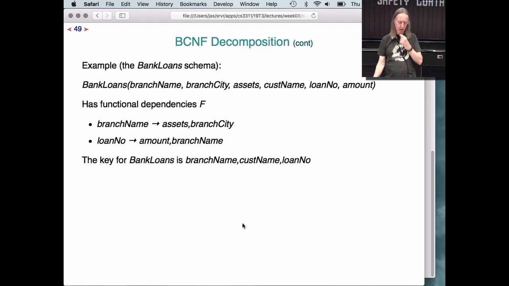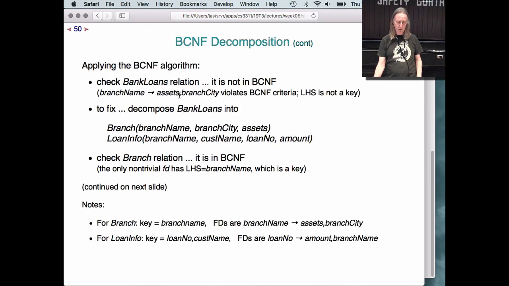As soon as we've got that, we've got a key and a big table that contains all of these attributes, and straight away we can see that it's not in BCNF, because either of those functional dependencies doesn't satisfy the BCNF requirement. Essentially the requirement is that for any functional dependency, the left-hand side is a key of the table. So this is only part of the key.